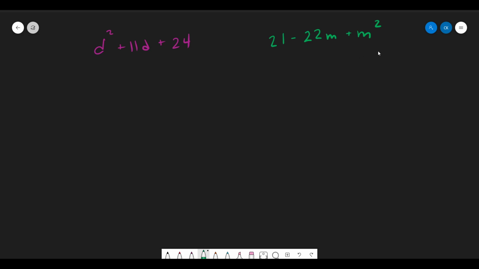It's not in the form x squared plus bx plus c. We have to rewrite this into standard form. Hopefully you remember what standard form is. That's your little hint for the second one. Rewrite it in standard form first, and then go through the process of factoring. So again, pause it here, take 5 minutes, try to factor them, and then unpause.